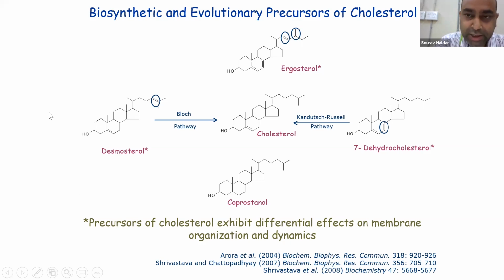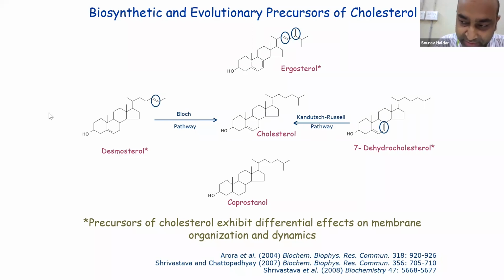As I already mentioned earlier, although cholesterol has been shown as a non-annular lipid for serotonin 1 receptor, there are other factors that cholesterol modulates, which also have some indirect effect on the functioning of serotonin 1 receptor.